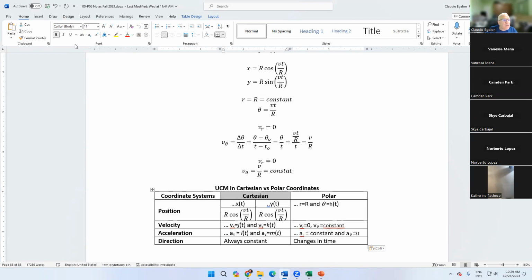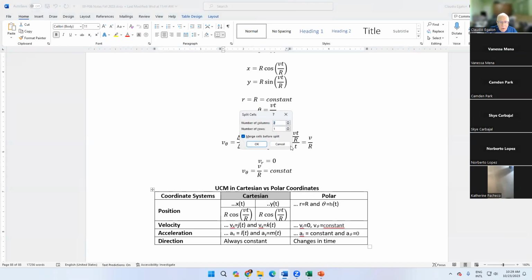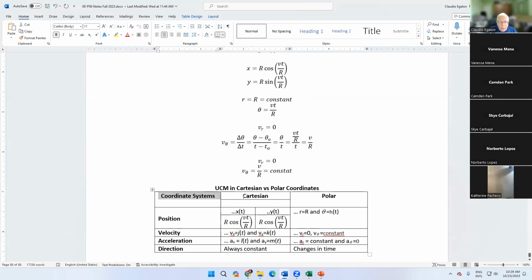Let me split this one instead. Split cell, 2 rows in 1 column. This one is going to be 2 columns. Good.